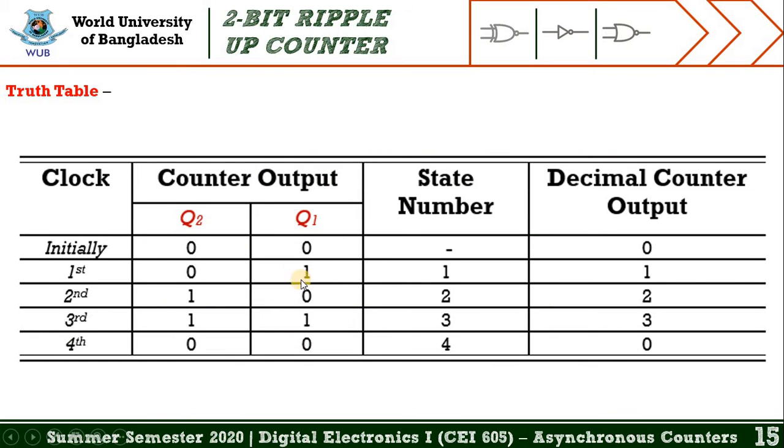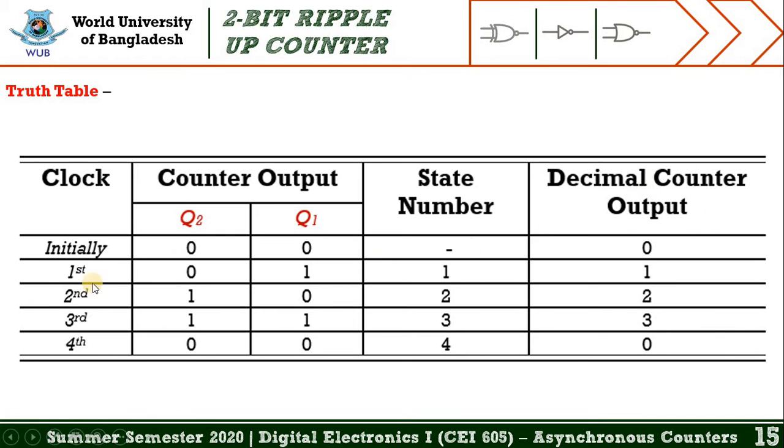This slide represents the truth table of the 2-bit ripple up counter, which has 4 columns. At the leftmost column, the header is named clock, after this the counter output, which is symbolized by q1 and q2. After this you may find another header named state number, and after this another header named decimal counter output.